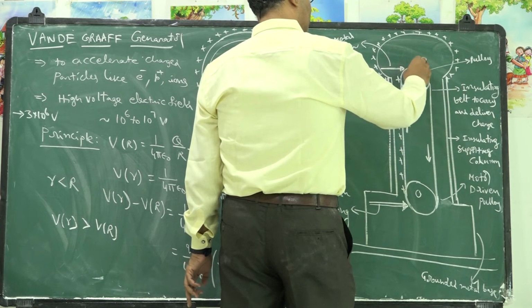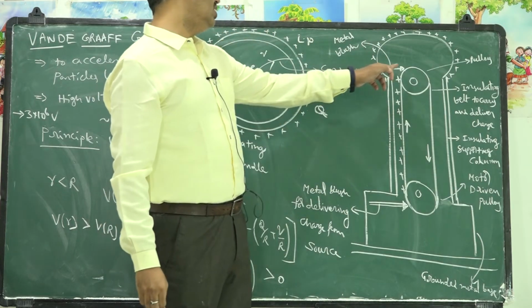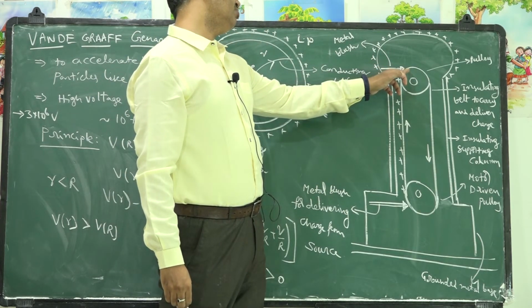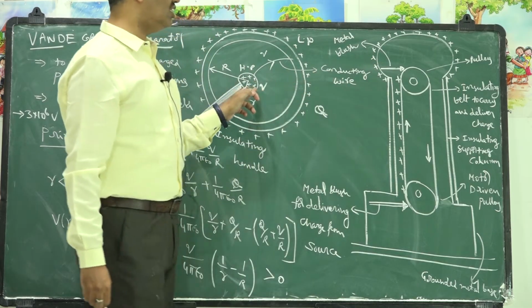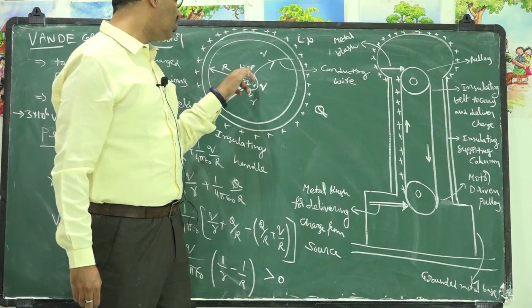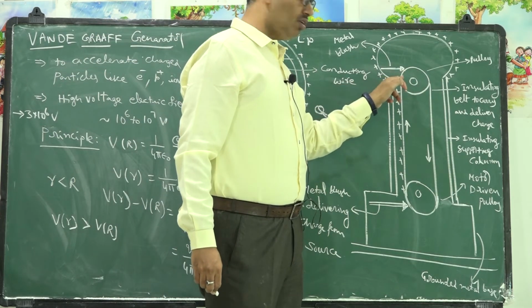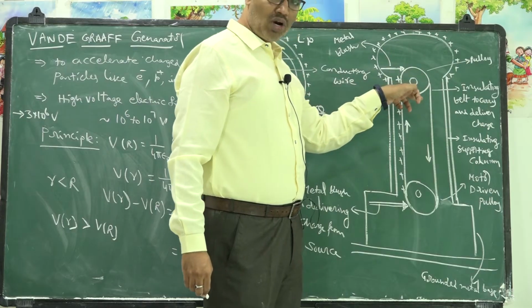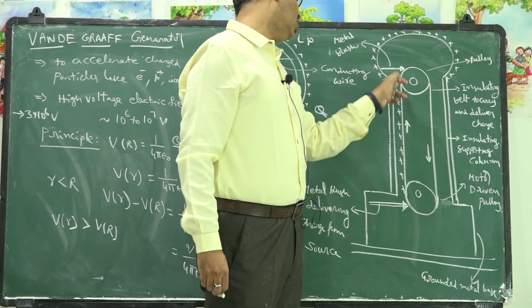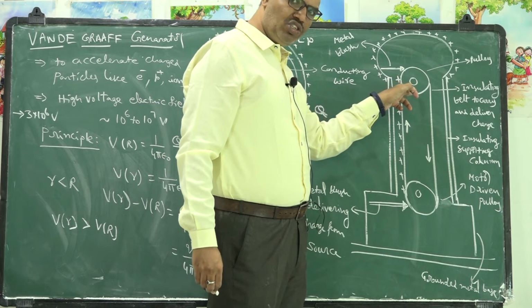Once the charge comes here, it is received by another metal brush. This metal brush is transferring this charge from here to here. As we discussed in this concept, the inner sphere is at high potential, the outer shell is at low potential. Similarly, this pulley, which is carrying a belt on its surface, is bringing the charge up to here. As it has a smaller radius, here potential is more.